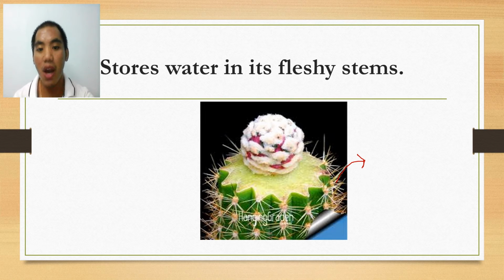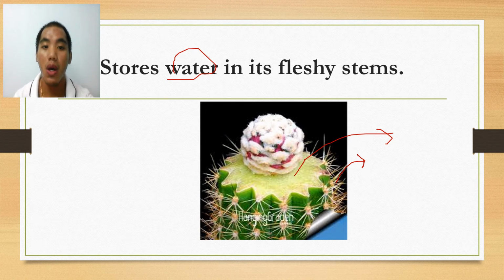The stem of a cactus is used for storage. It stores water. That's why a cactus can live in a desert without water, because they can store water in the stem.